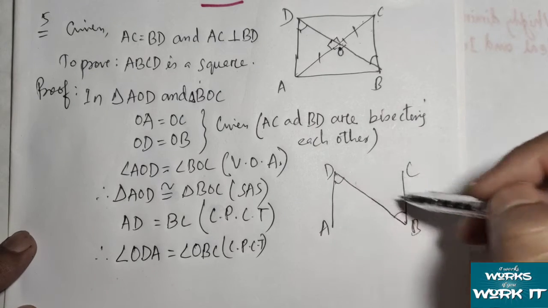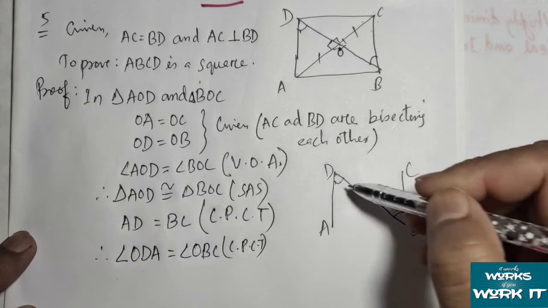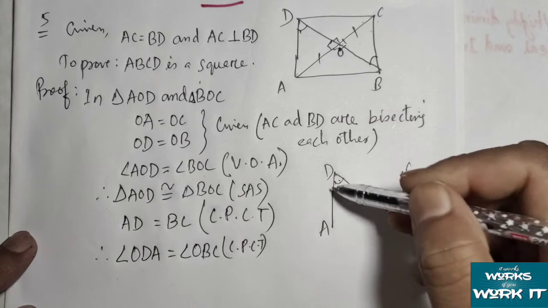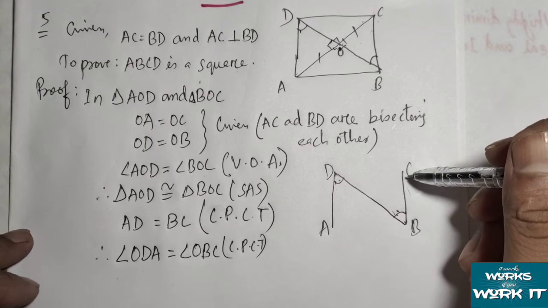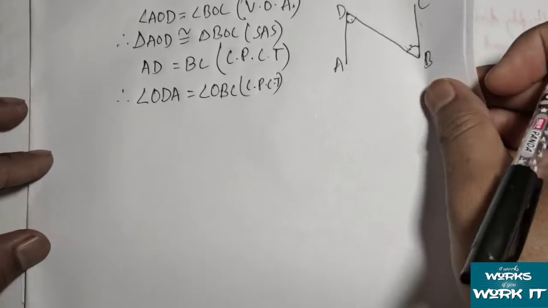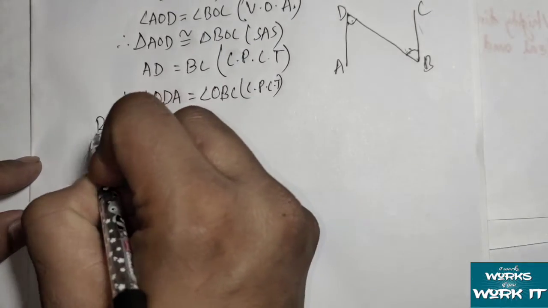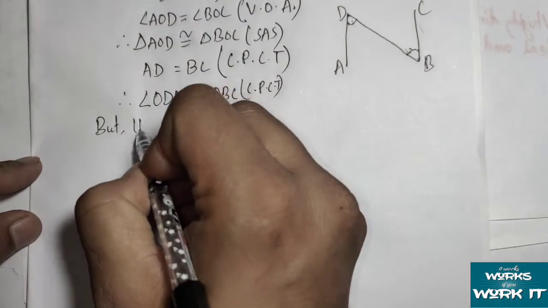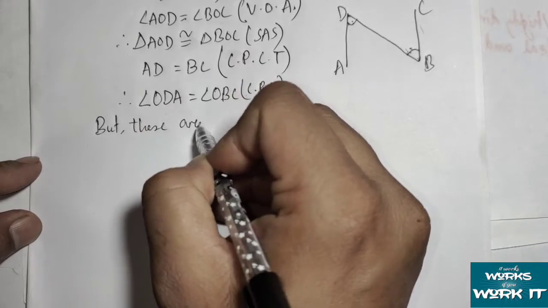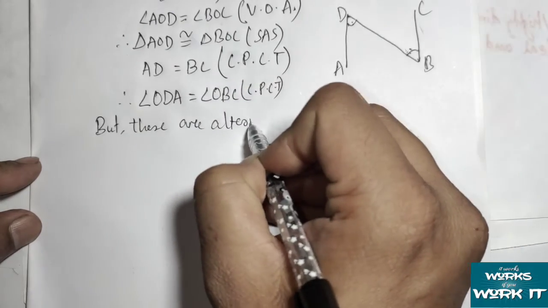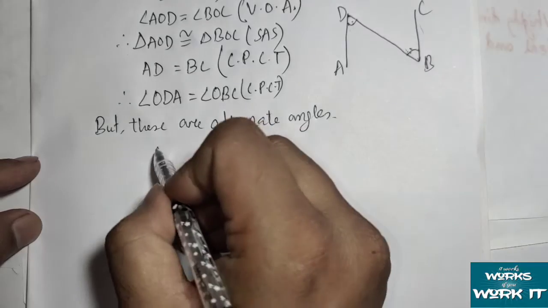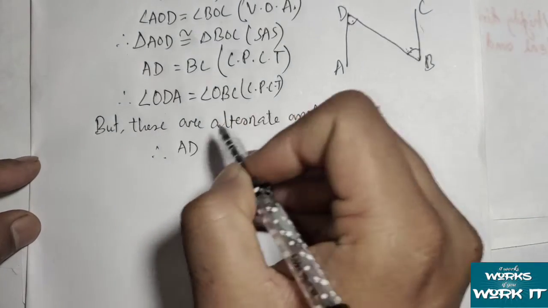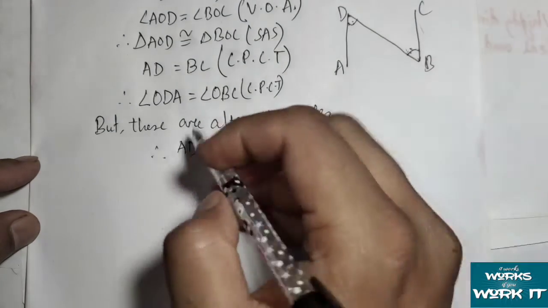If you see nicely here, these angles are alternate angles, and if they are equal, that means AD will be parallel to BC. So these are alternate angles, therefore AD will be parallel to BC.